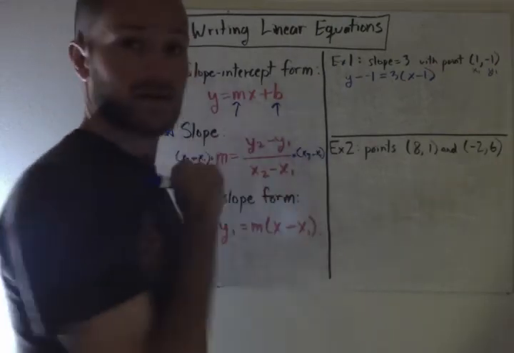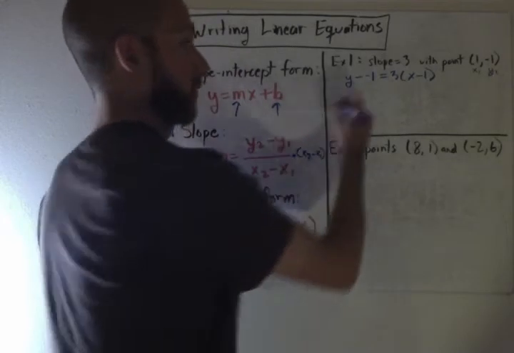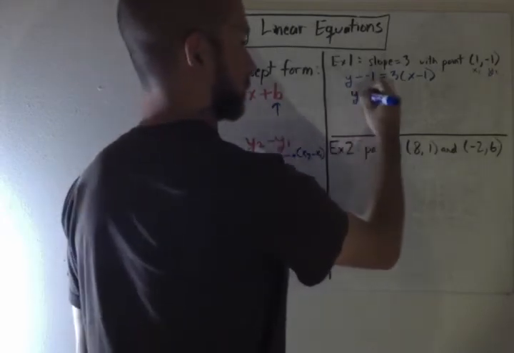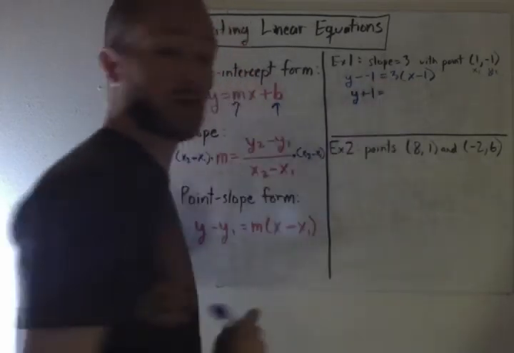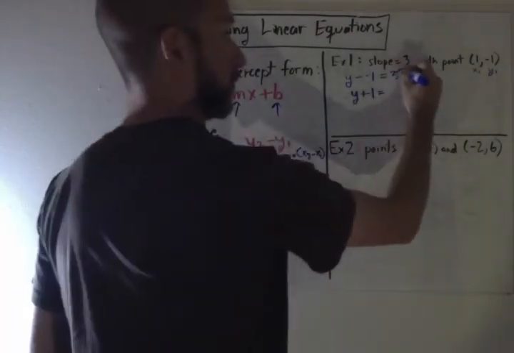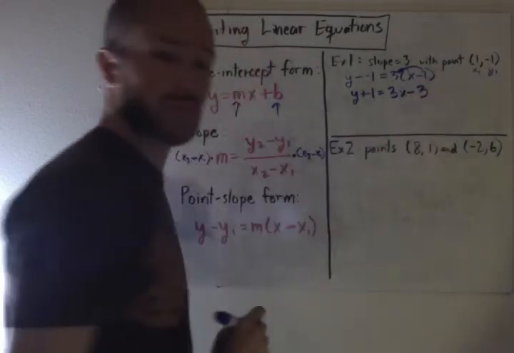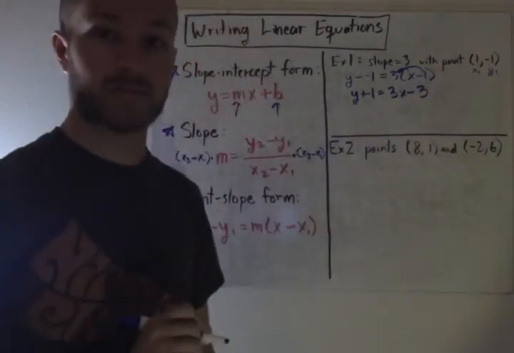Right, now let's clean this up. Minus a negative 1 is going to be plus 1. And then I'm going to distribute that 3. And so I get 3x minus 3.